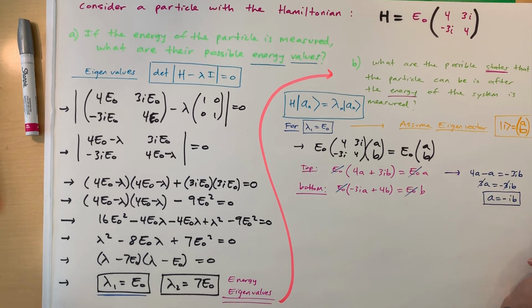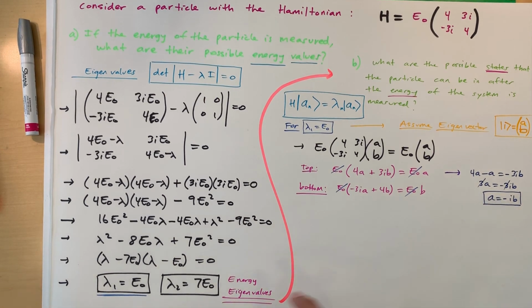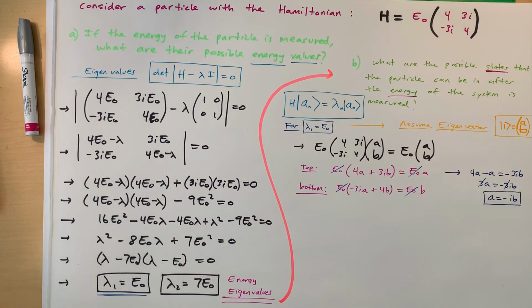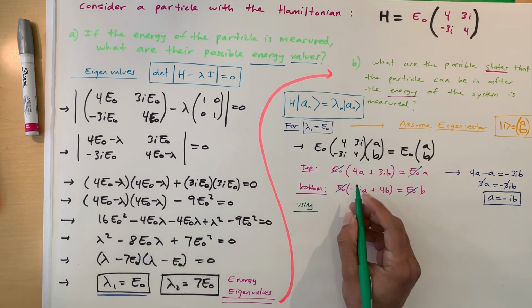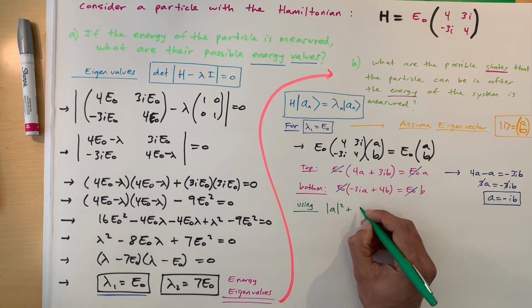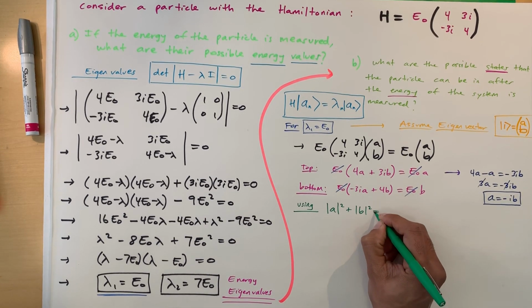Okay, so let's hold that for a second. All right, and let's use the normalization equation. The normalization equation here: the magnitude of a squared plus the magnitude of b squared equals 1.